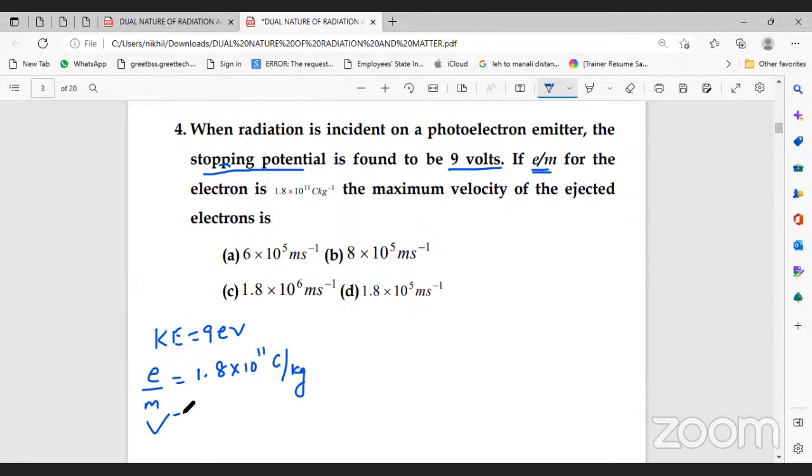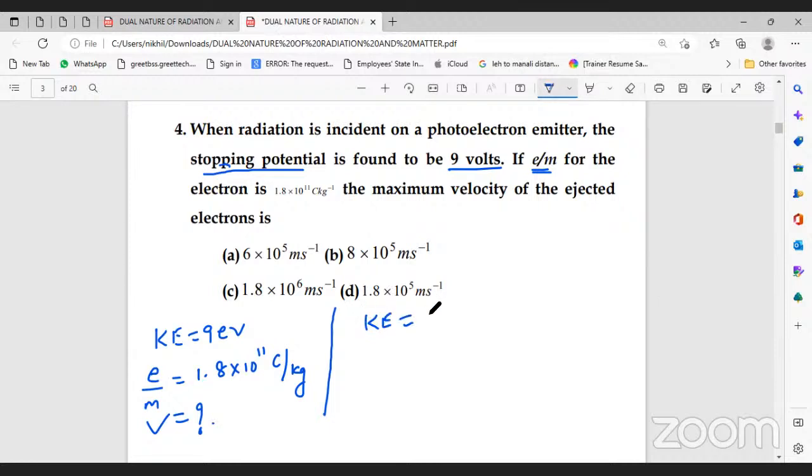What is the maximum velocity? Now, you know that kinetic energy is nothing but work, right?